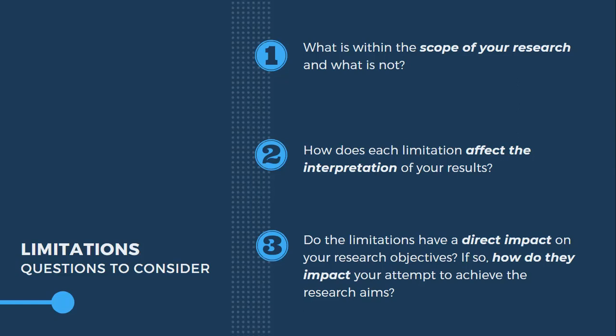We don't want to list out too many limitations, because if you do so, you're giving your readers the impression that, oh, this paper might not be as reliable, as trustworthy, because there are so many limitations. So we only want to focus on the ones that really have an impact on the research objective.